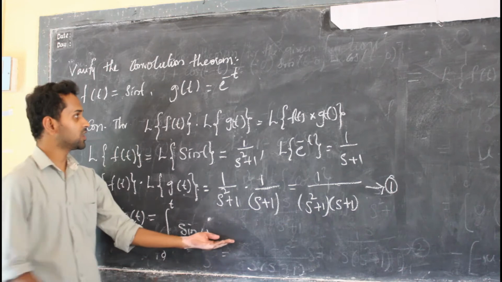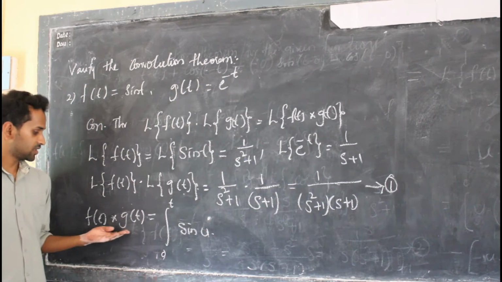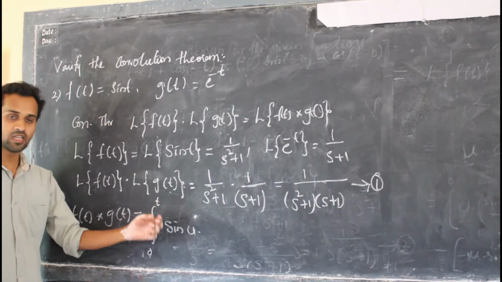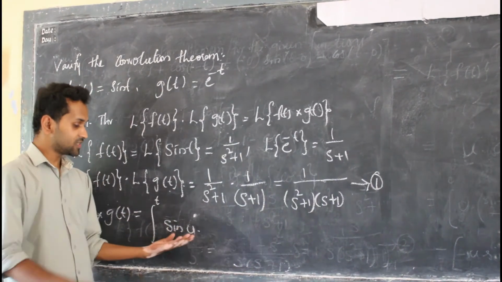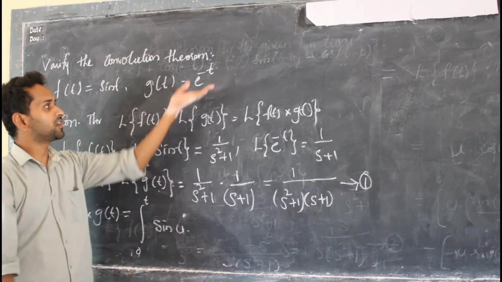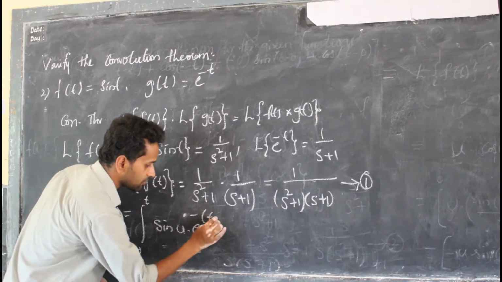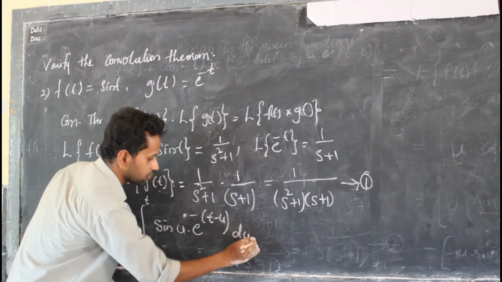Is it clear? g of t I have e to the power of minus t. F of t star g of t equals the integral from 0 to t of sin u into, that means f of u into g of t minus u. So in g of t I need to replace wherever t comes with t minus u. It becomes e to the power of minus of (t minus u) into du.